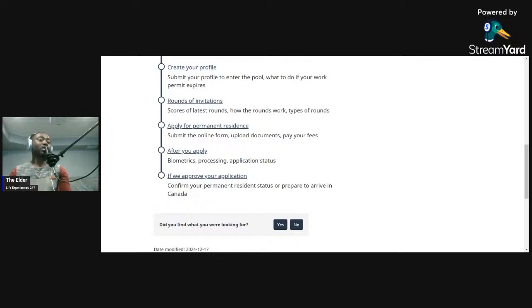You can search for documents that they normally ask for permanent residency, but once you receive an invitation, they will list them for you. So you don't necessarily have to go and try looking for them. Once you receive an invitation, they will give you a list themselves. And normally, as I said, they will require a police certificate. They will require your bank statement, and you definitely need to have work experience.